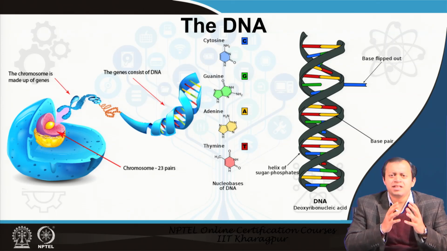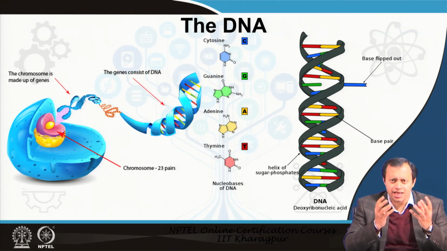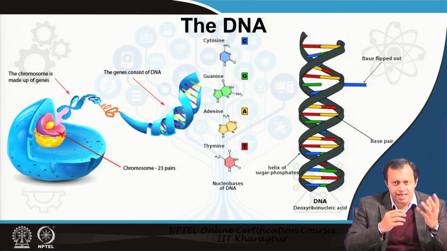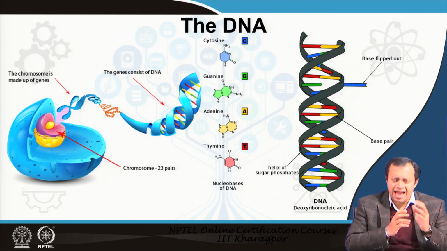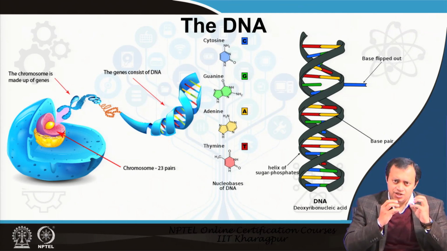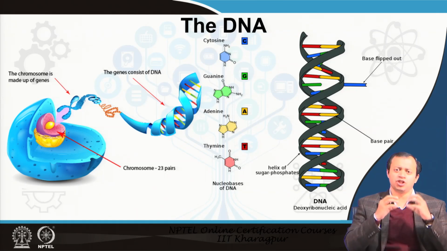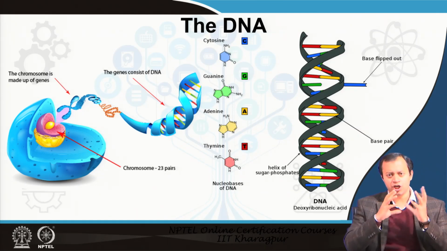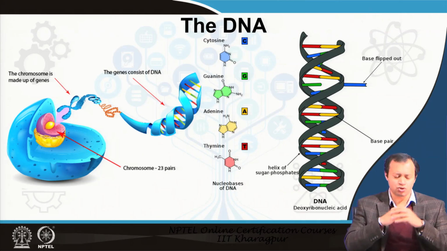By this time any school-going child knows about DNA, the genetic material that transfers genetic information from cell to cell, from older generation to younger generation, and so on and so forth.